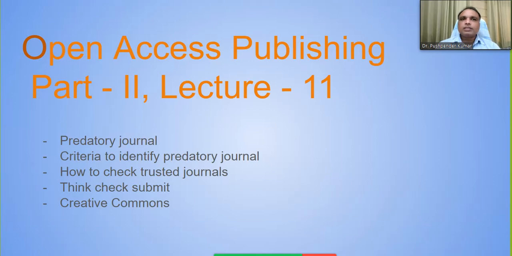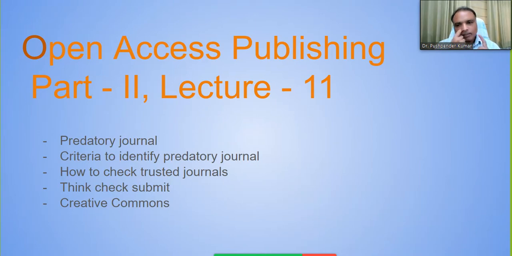Because when you want to send your paper for publication, you will see thousands of journals available. But which journal is the authentic journal? Which journal can you rely upon? How can you check which journal is the trusted one? That we are going to discuss today.